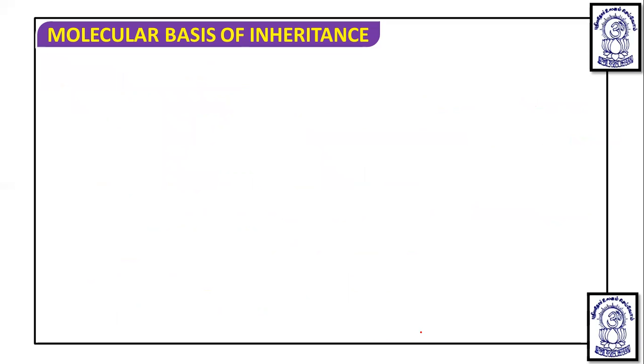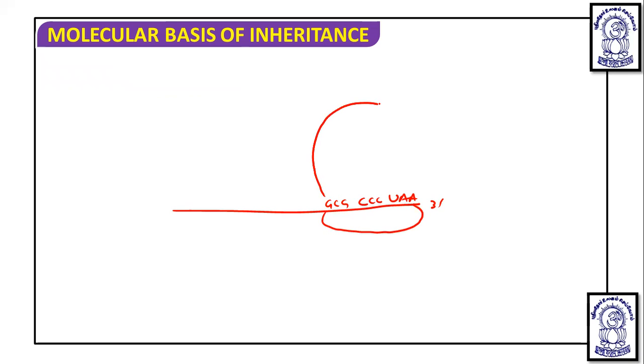So now how will it look? Suppose this is mRNA. Now the ribosome has reached the stop codon, suppose UAA, and this is the 3' end. Before that, suppose CC, and before that GCG. Now the small subunit is here, the large subunit is here, and a specific tRNA is here.